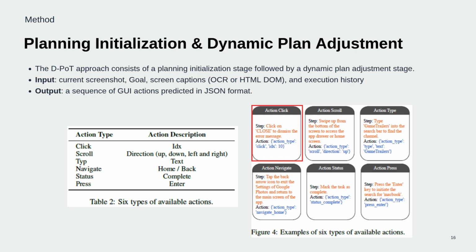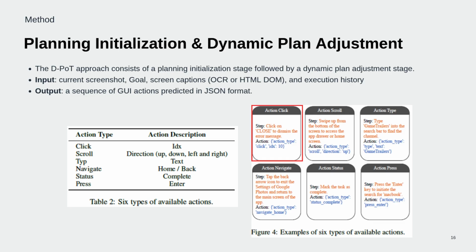As I mentioned, a GUI agent basically imitates humans' behavior. The action types are described on the left side of the table: click, scroll, type, navigate, status, and press, which are very similar to human actions. On the right side of the figure, one example shows how it works.